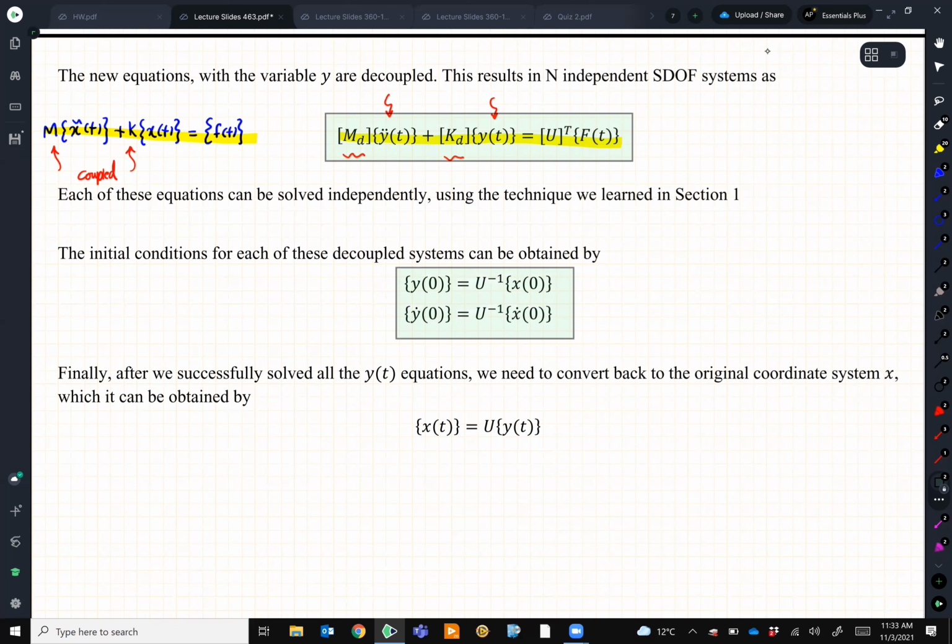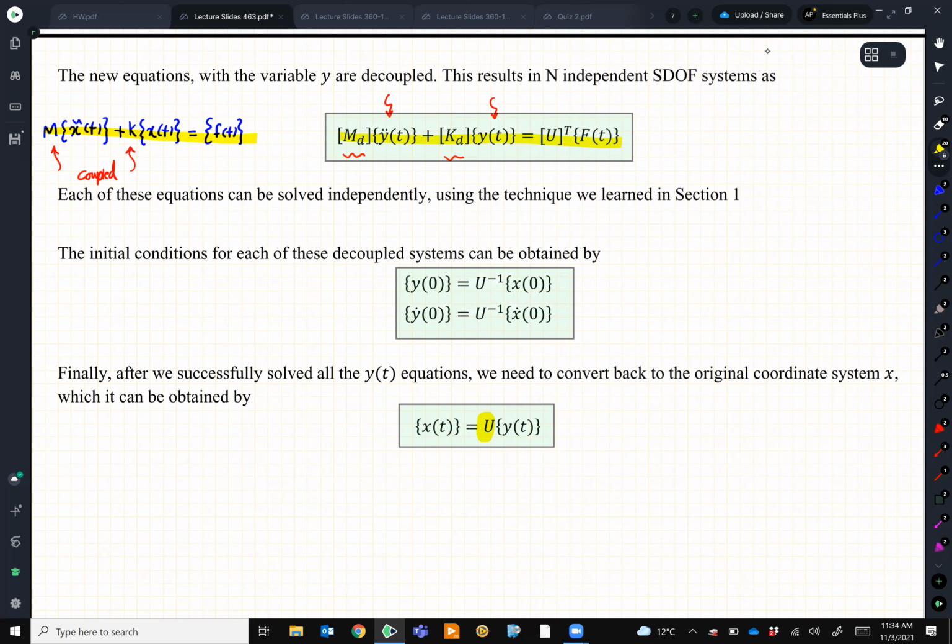You like to go back to your original system, so you transfer everything back. Okay, so those are all the steps, but I will show them to you in an example. You'll see it's very easy. And everything comes from this U matrix, the mode shape matrix or the modal matrix. And this modal matrix is the eigenvectors.